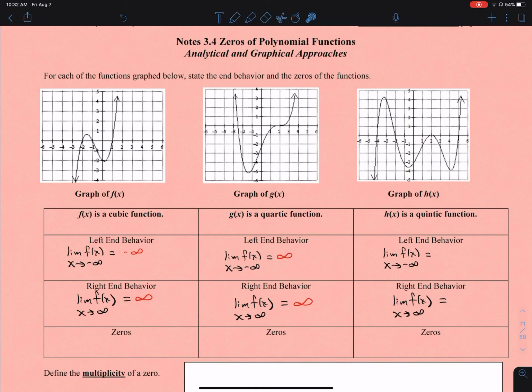So for this particular quintic function, as you go left forever, the function goes down. That means y is approaching negative infinity. As you go right forever, y is going up. That means that y is approaching positive infinity. We'll also find the zeros of these functions. For this cubic function, f of x, we have zeros of -2, -1, and 1.